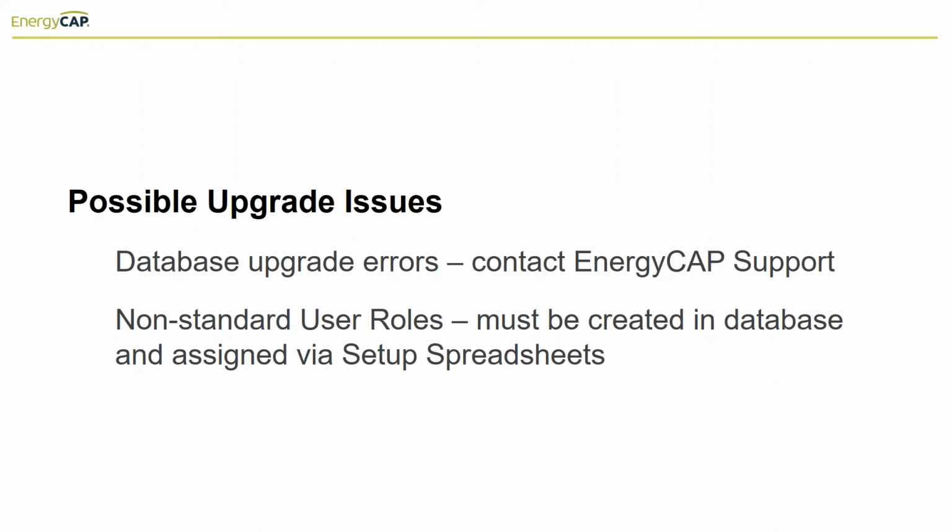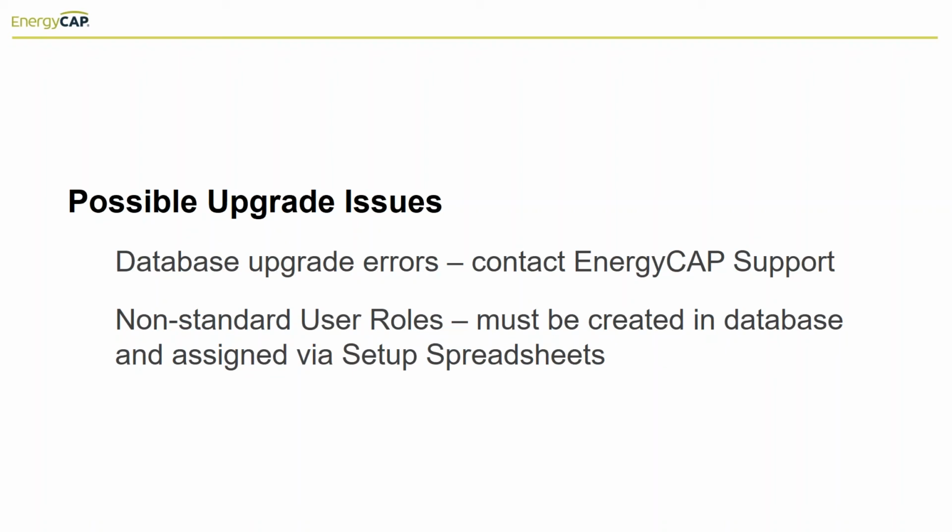The second is related to non-standard user roles. As part of the implementation of EnergyCAP version 7, we've moved to a standardized user role model. So if you're using a user that was created in EnergyCAP's install client or in EnergyCAP Online version 3, and you're using non-standard roles, in some cases, when a user logs into version 7, they'll still be allowed into version 7, but they'll have a read-only role.